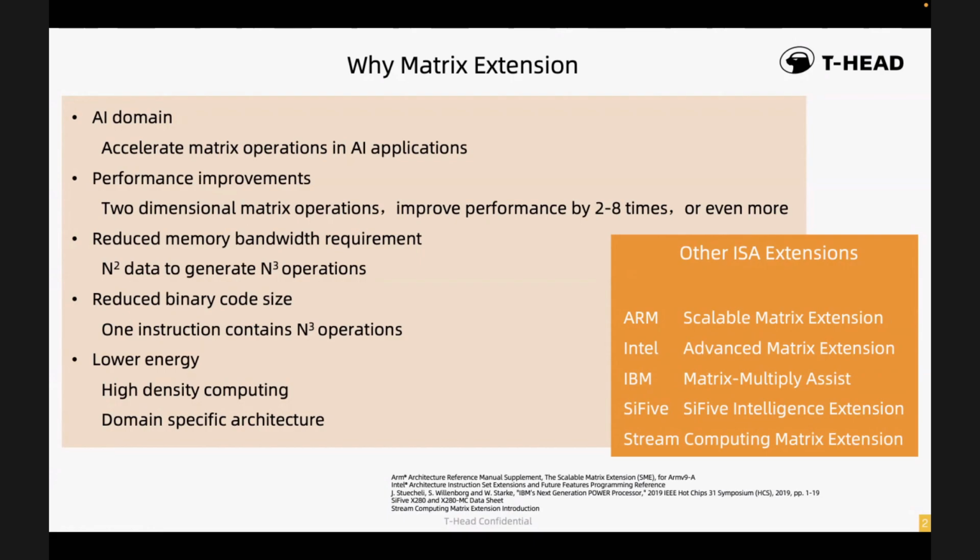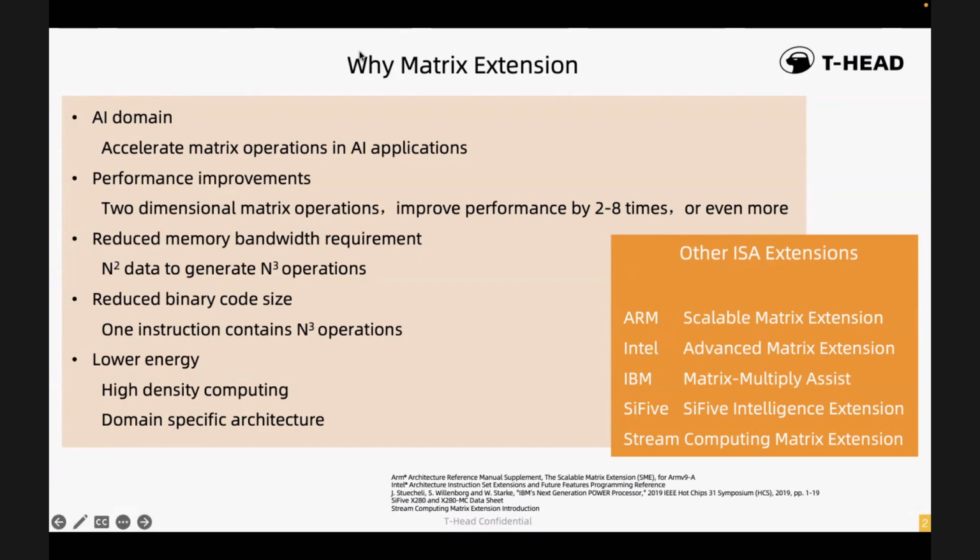In my opinion, in such a big neural network as GPT or a transformer, matrix extensions should cooperate with vector extensions because there are too many kinds of operations in that neural network.